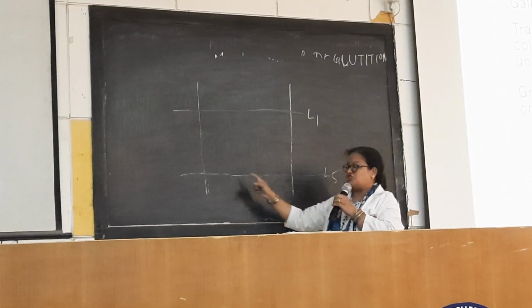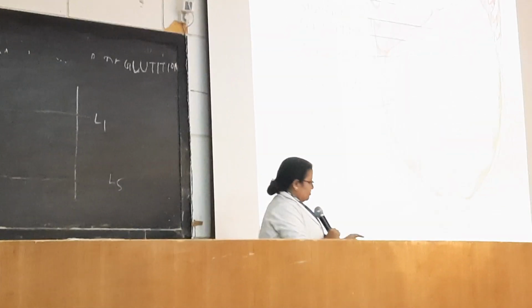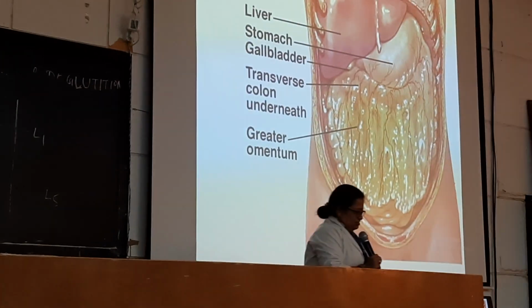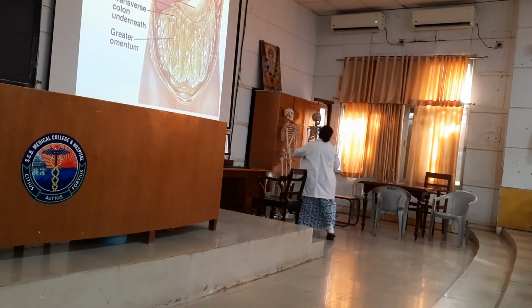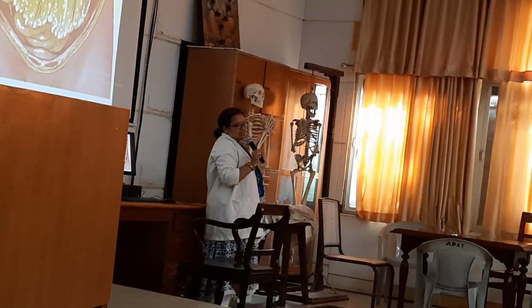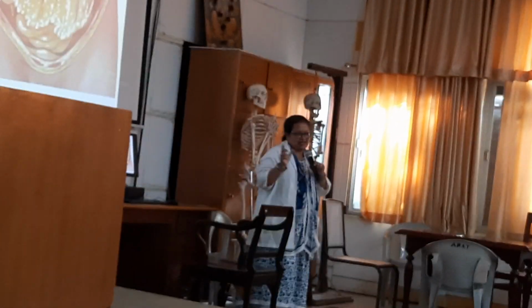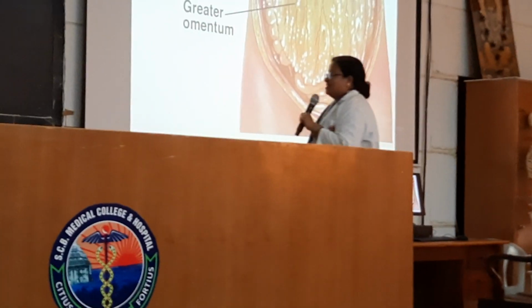And this is the transtubercular plane. We join the highest points of the 2 iliac crests, and you will find that line. Now, remember the 9 quadrants?